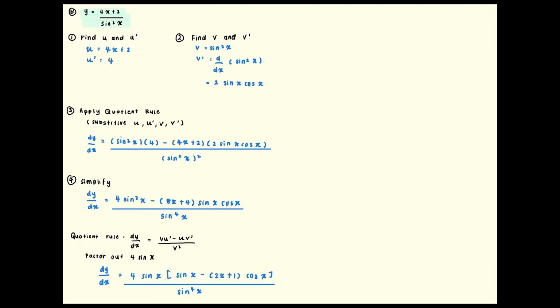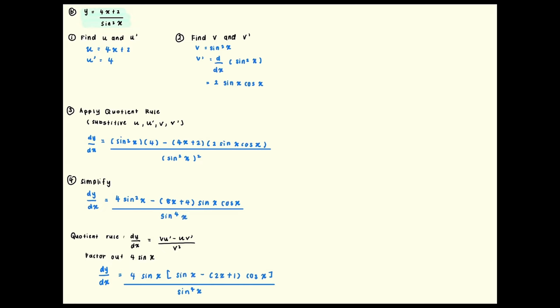Step 3, apply the quotient rule. Now that we have all 4 pieces, we can recall the quotient rule formula, which is dy over dx equals (v times u prime minus u times v prime) over v squared. Let's substitute our values into this formula.